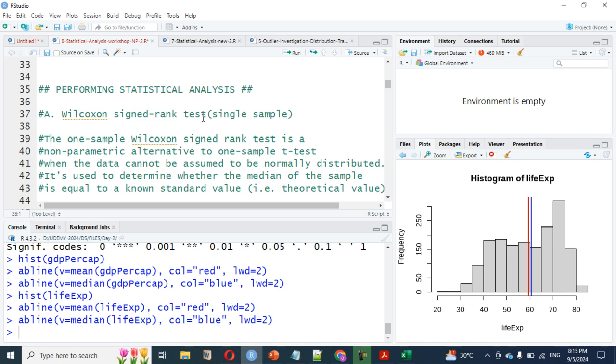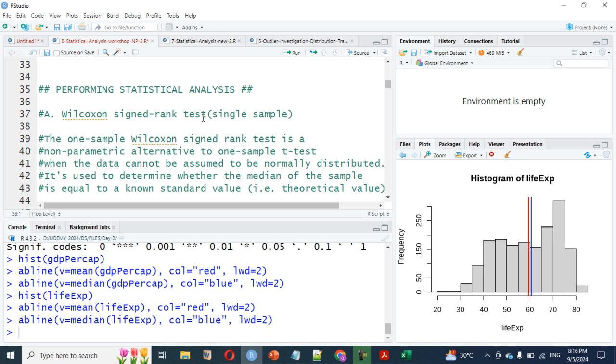It is used to determine whether the median of the sample is equal to a non-standard value. Last time we talked about the mean being equal to a theoretical or reference value, which we already know and want to test our result against.